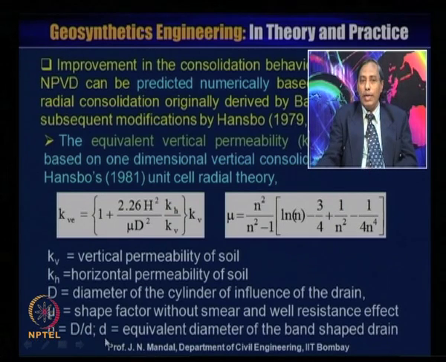So, capital D is the diameter of the cylinder of influence of the drain and small d is the equivalent diameter of the band shape drain.